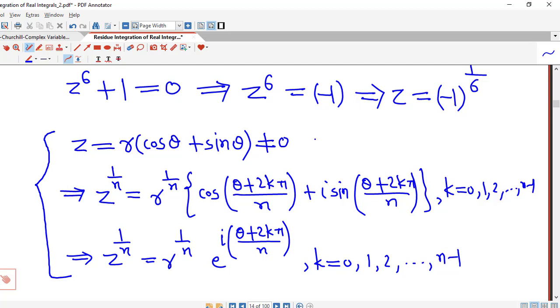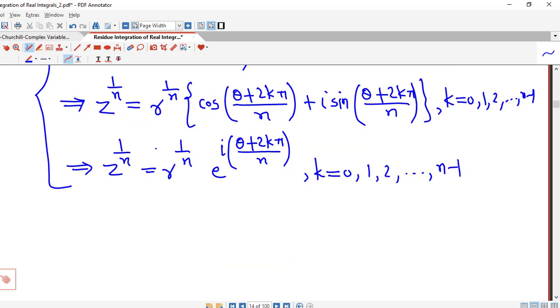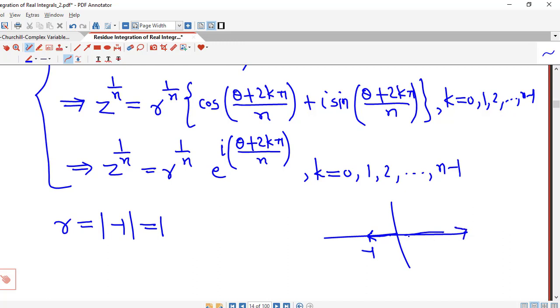For calculating minus 1 raised to 1 by 6, first we have to find the modulus of minus 1, which is r. For minus 1, r is obviously 1, and the value of theta means the angle made by the vector representing minus 1 with the positive x-axis. This angle is nothing but pi. This is the x-axis, this is the y-axis.